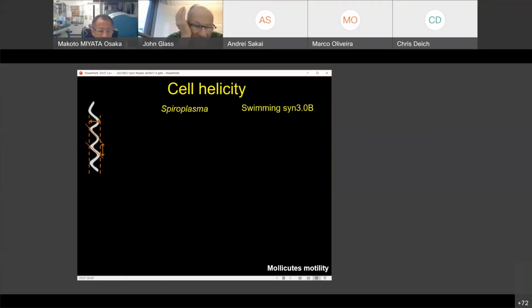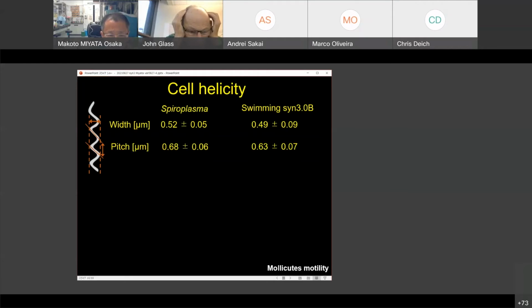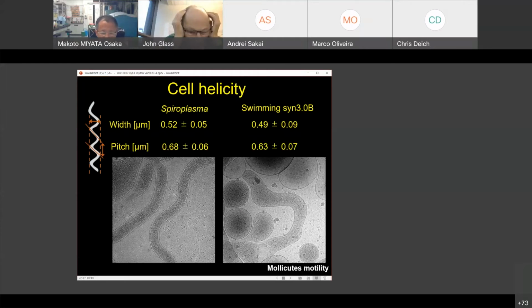Then we analyzed the cell morphology. Here is the schematic of the Spiroplasma cell. You can see that the Spiroplasma and the swimming SYN3 share the width of the helix and also the pitch of the helix. We examined the structure of the cells.